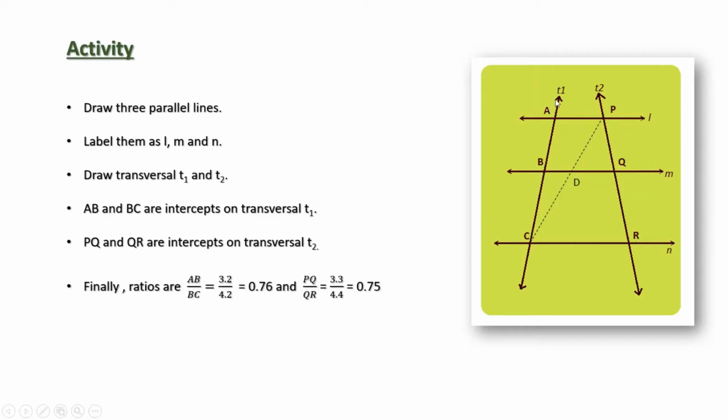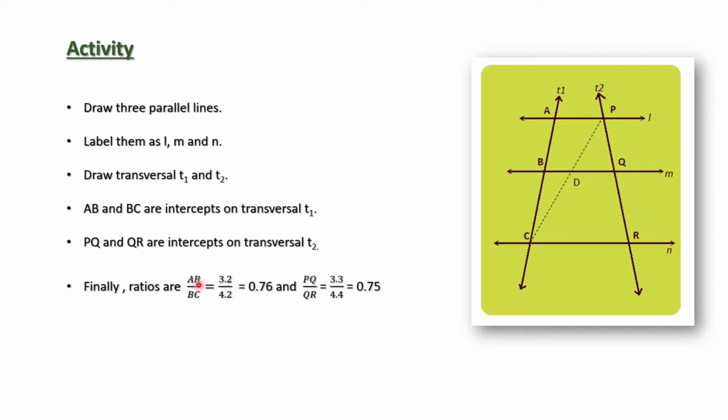So finally, I got AB equal to 3.2 centimeter, BC equal to 4.2 centimeter, PQ equal to 3.3 centimeter, and QR equal to 4.4 centimeter. From the activity, I am writing these values.